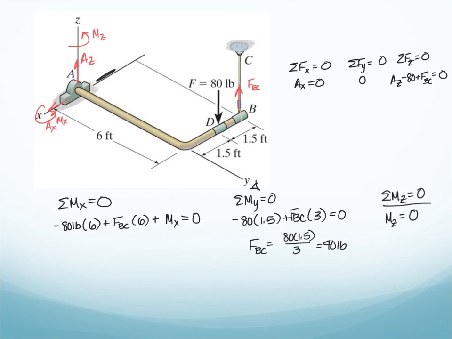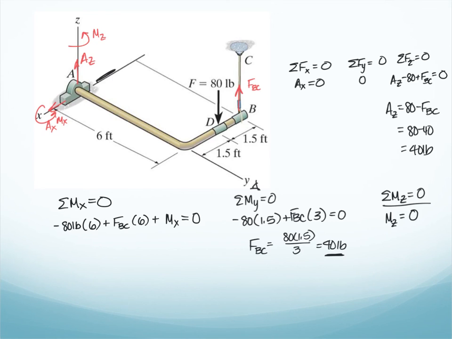Now, once I know this, I can go back into some of these other expressions to solve for other quantities. For instance, AZ is equal to 80 minus FBC, so it's equal to 80 minus 40, so AZ is also 40 pounds.